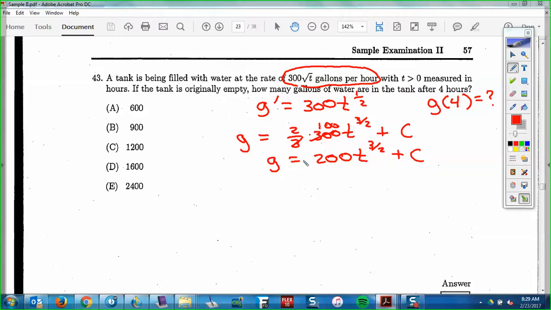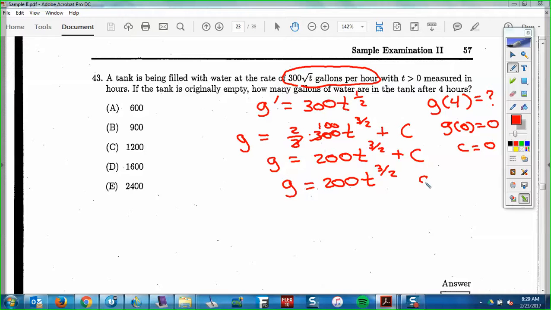Now, what else? I have an initial condition. What do I know? Give it to me in math notation. G of 0 is 0. So I'm going to put a 0. So what's C? C is 0. So G is 200 t to the 3/2.